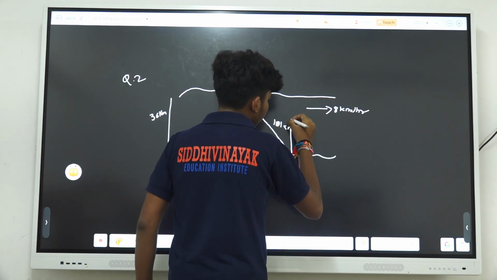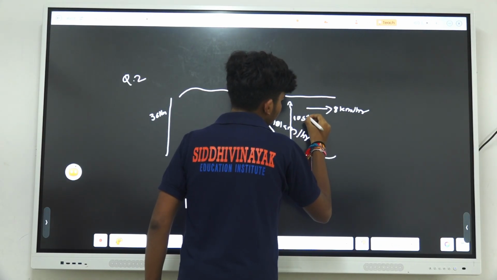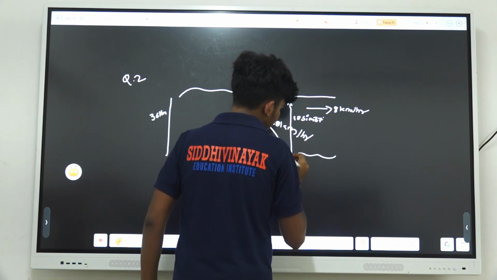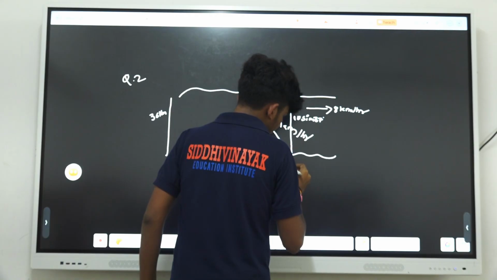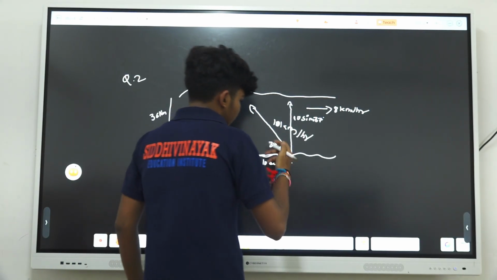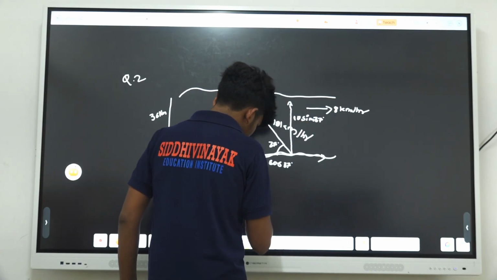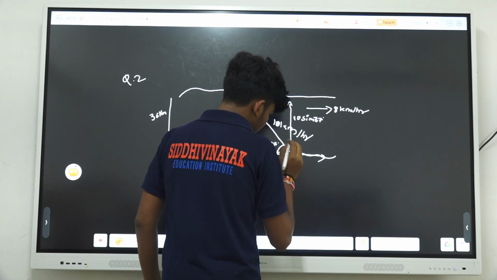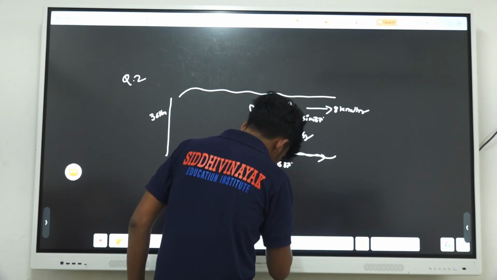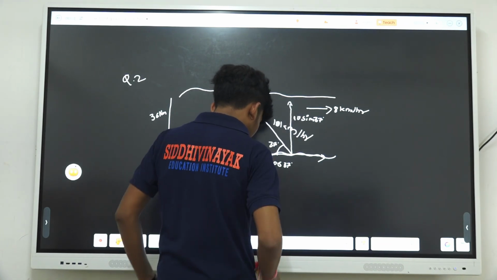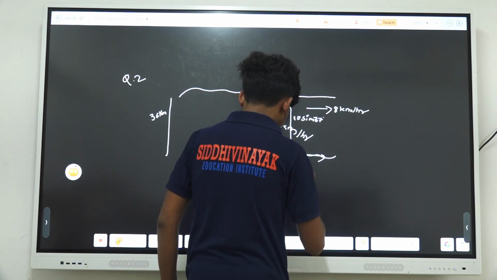So we will find the components. In this direction it will be 10 cos 37, and here 10 sin 37. For 10 cos 37, cos 37 is 4 by 5, so 10 into 4 by 5 is 8 kilometers per hour in this direction.